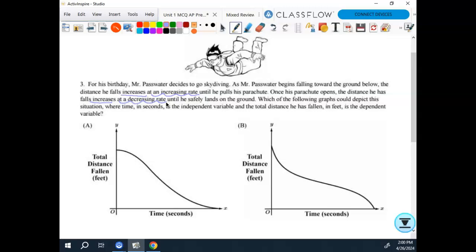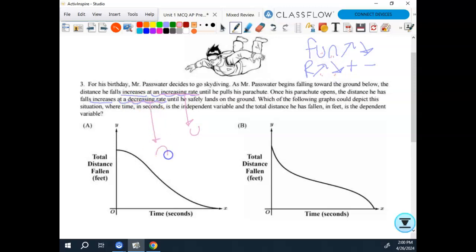Our fun chart. So we're going to write down our fun chart. Okay, so then with that, I know if the rate is increasing, the function is concave up. If the rate is decreasing, the function is concave down.